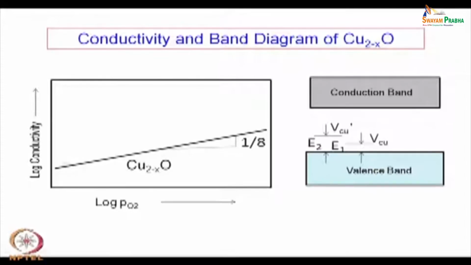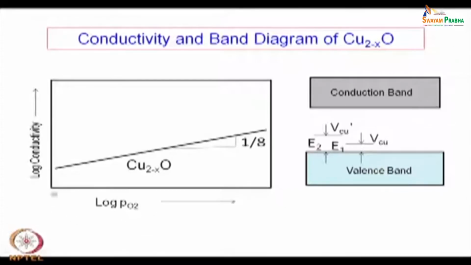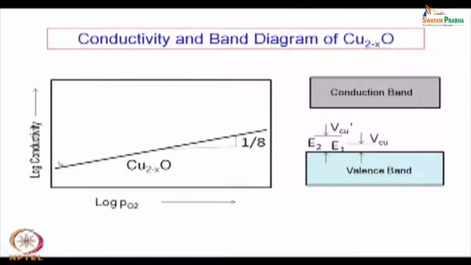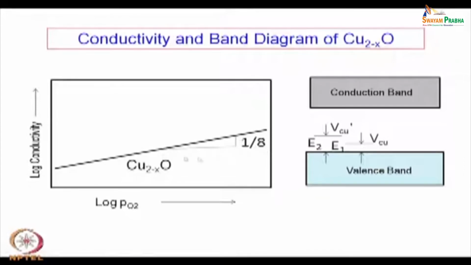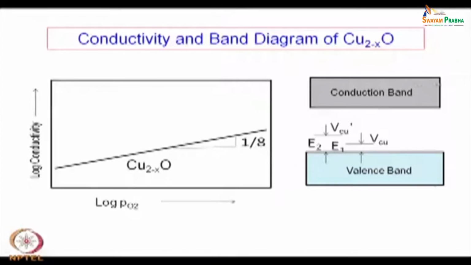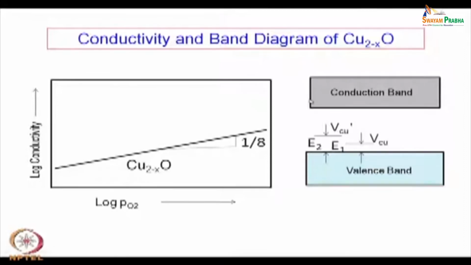Okay. And if you plot log PO2 against log conductivity, you have a positive slope of 1/8 in this case, and the band diagram will look like this, as we have discussed in the case of MgO, or the generalized band diagram.